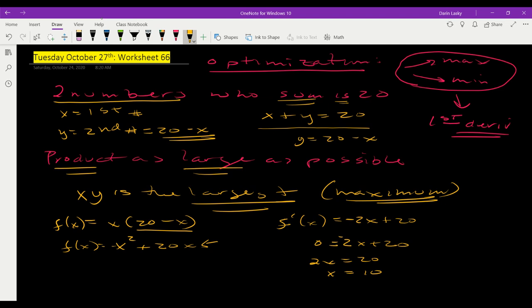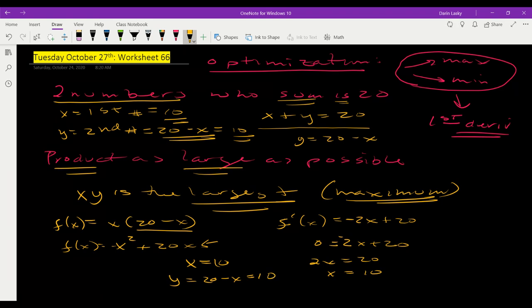So I know my first number is equal to 10. And then my second number is going to be equal to 20 minus 10, so that's also equal to 10. So x is 10 and y is 10. Their largest product is 100.